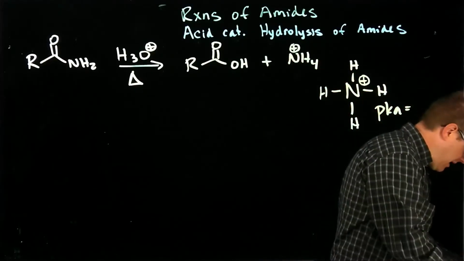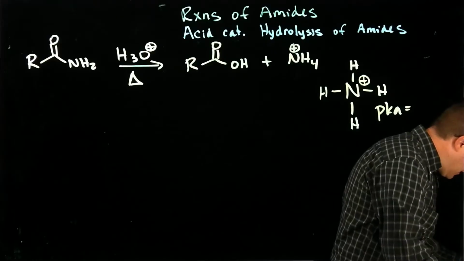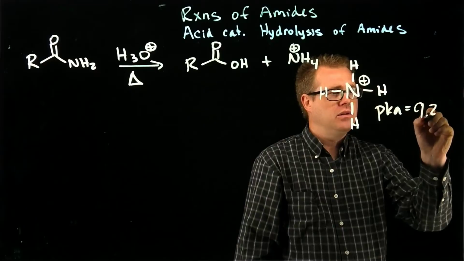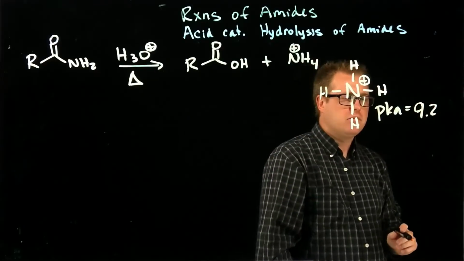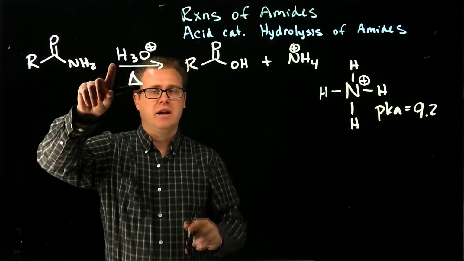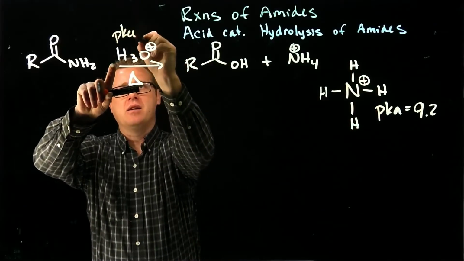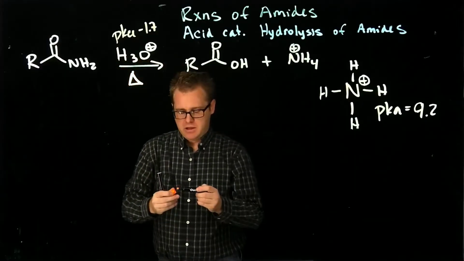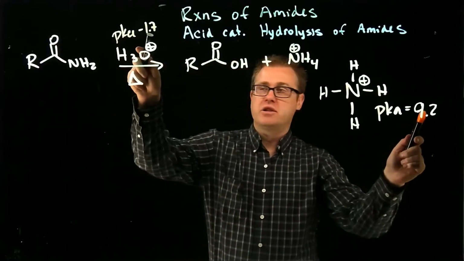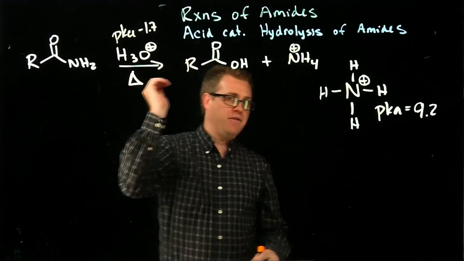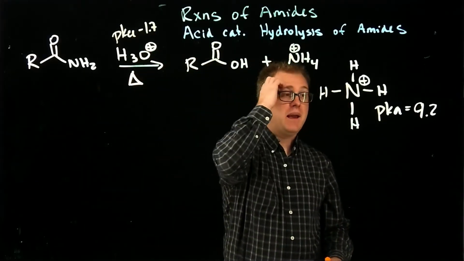Let's double check that real quick. Okay. 9.2. And on this side of the equation, hydronium's pKa is about negative 1.7. So that's a drastically large difference. And so equilibrium is favored to the right immensely.